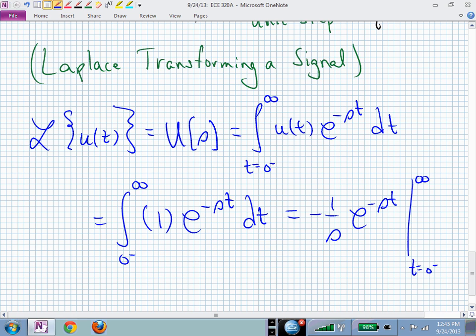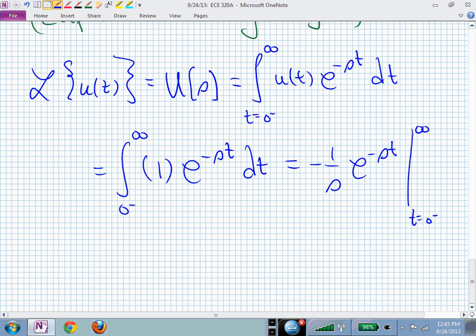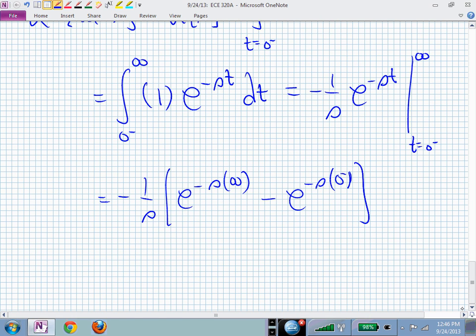Now, let's evaluate this expression at the two limits. We have minus 1 over s, e to the minus s infinity, minus e to the minus s times 0 minus.